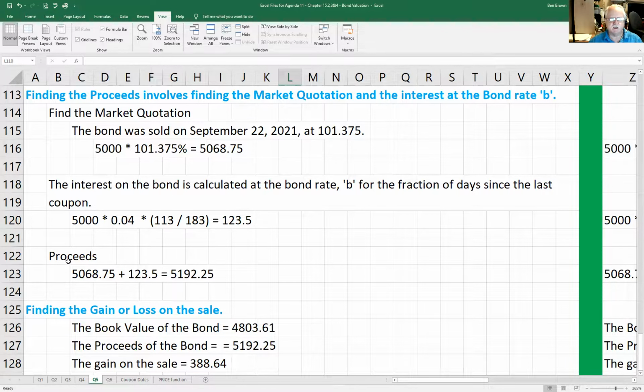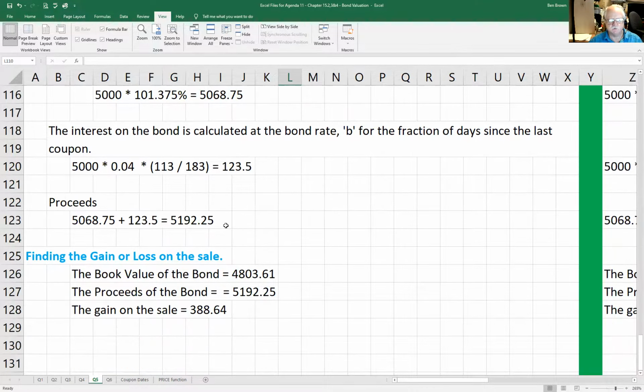So they've added that to the market quotation to get what they referred to as the proceeds. And then they compare the book value of the bond, which is what we've calculated, with what they call the proceeds of the bond. And they've determined that we've made a gain of $388.64.